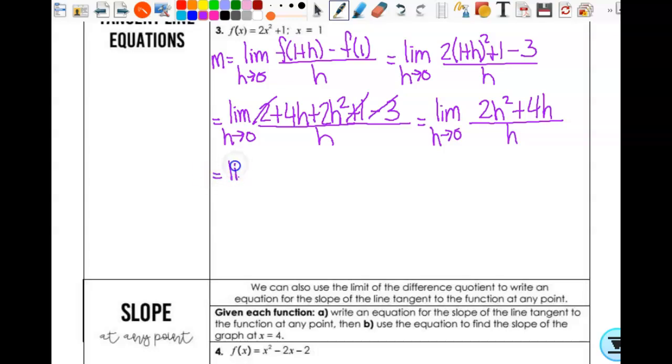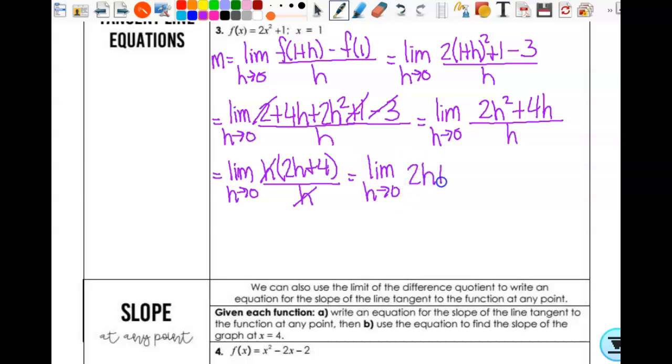This is equal to the limit as h approaches 0 of h times 2h plus 4 over h. The h's cancel out, and I have the limit as h approaches 0 of 2h plus 4. Now, I can evaluate by direct substitution, so that gives me 4.